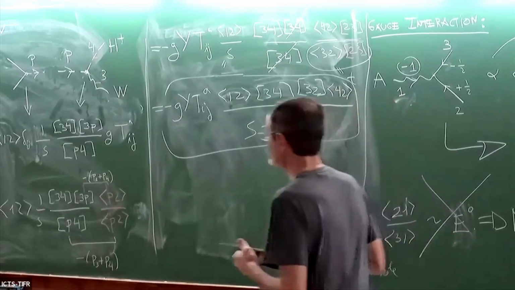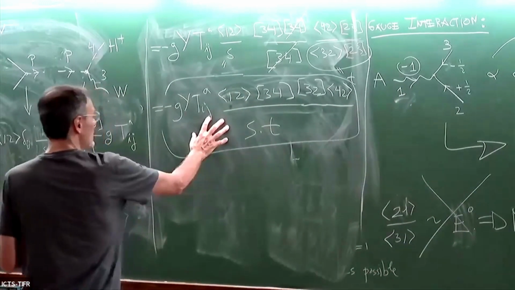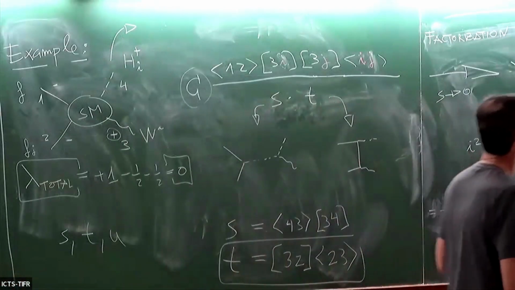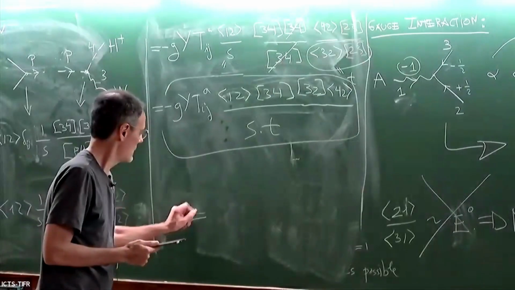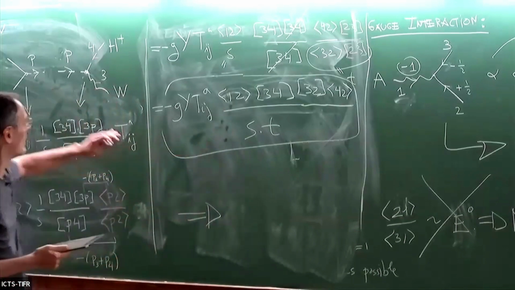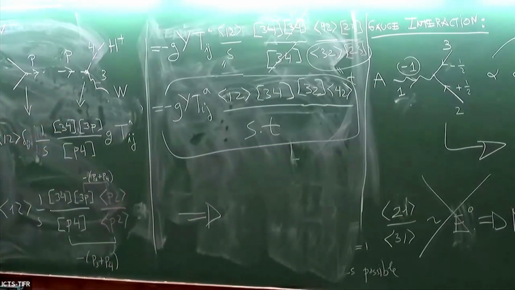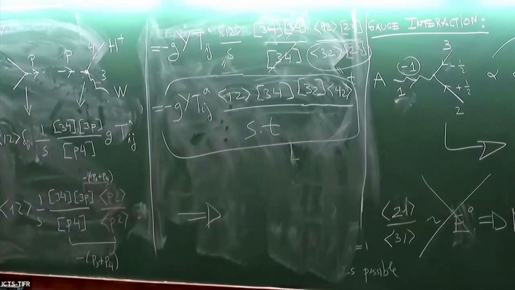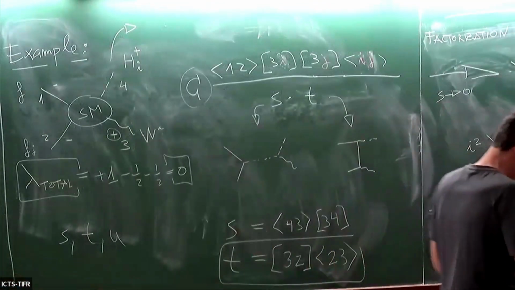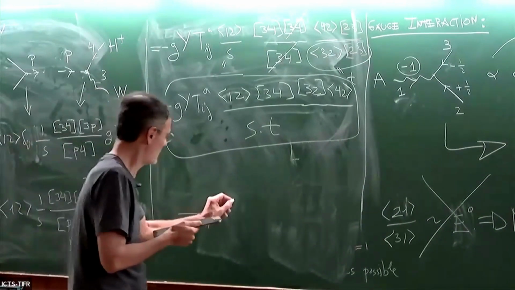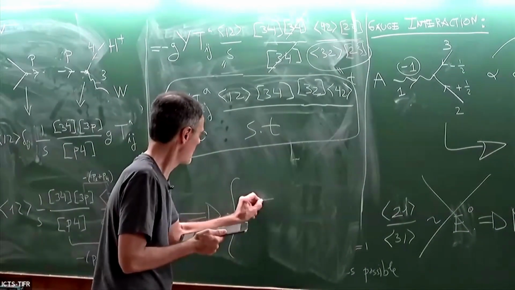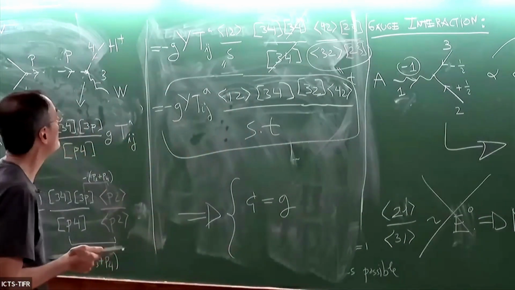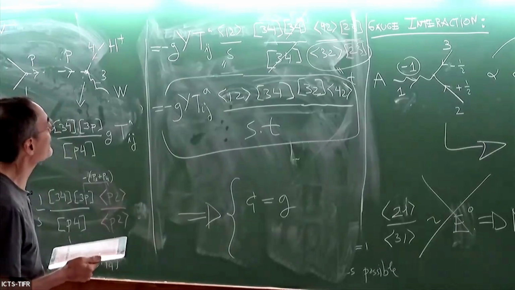So factorization tells me this should be equal to this. Equating this, that comes from when S goes to 0, this should be the product of these two guys that I already have. That fixes C to be exactly G times eta minus that.